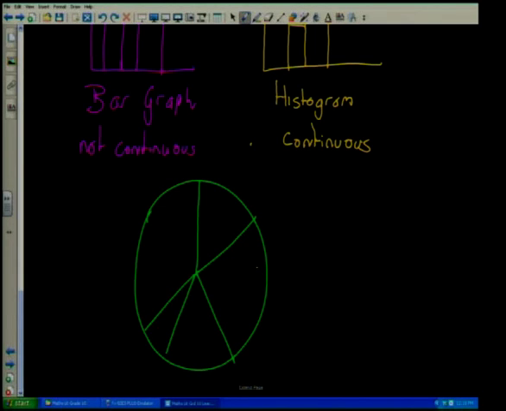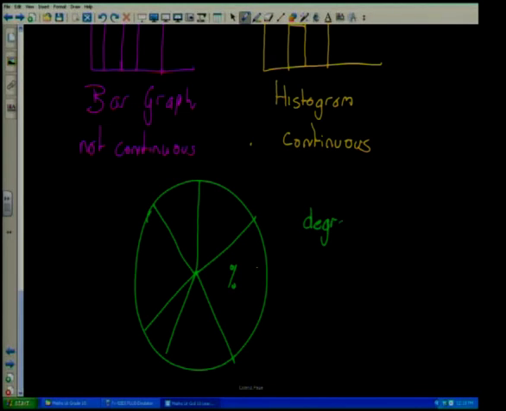Each one of these in your pie chart represents a percentage of the whole circle, and the way we calculate them is we have to work out the number of degrees. What we know about a pie chart is that 100% is also equal to 360 degrees. And when we do one later, I'll show you how to do all the calculations.